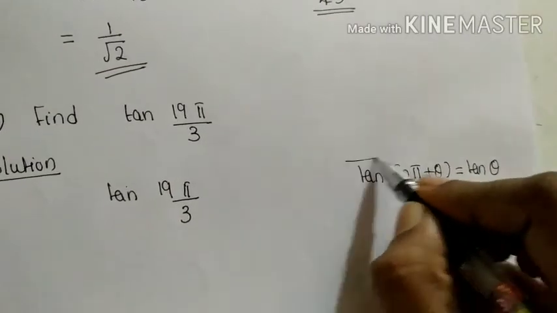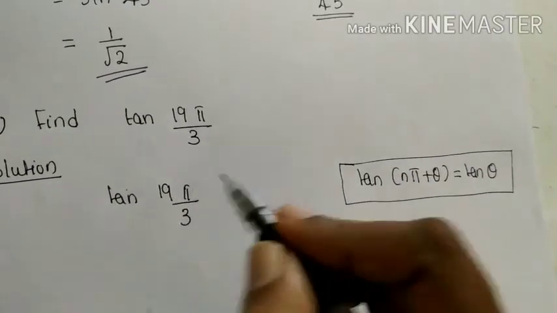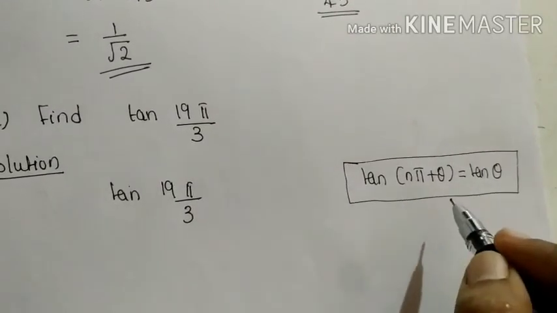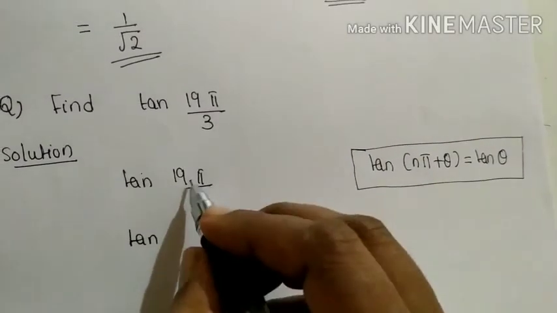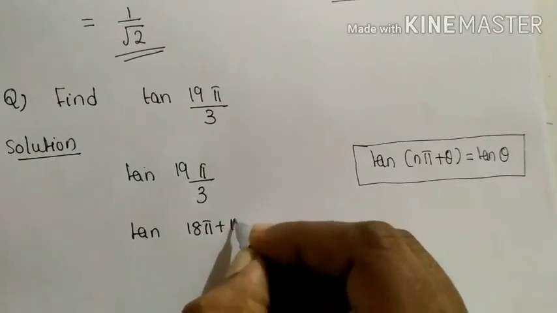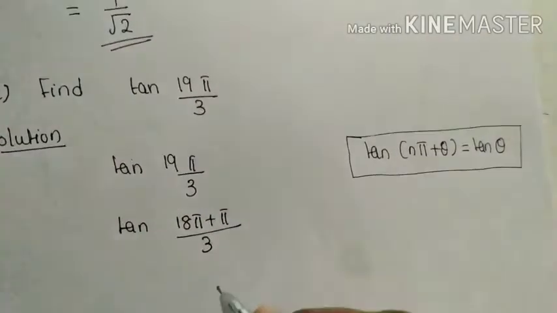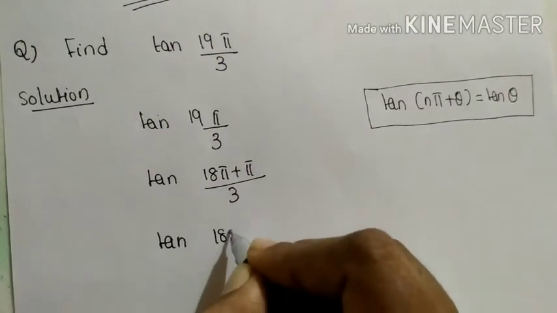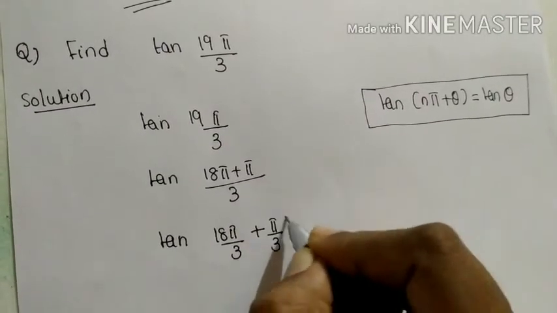So next I am going to convert the given question into tan n pi plus theta form. The numerator can be written as 18 pi plus pi, right, divided by 3. And dividing individually, we get tan 18 pi by 3 plus pi by 3.